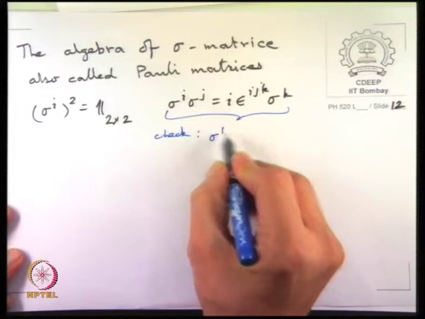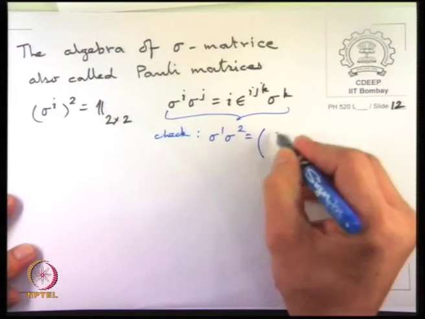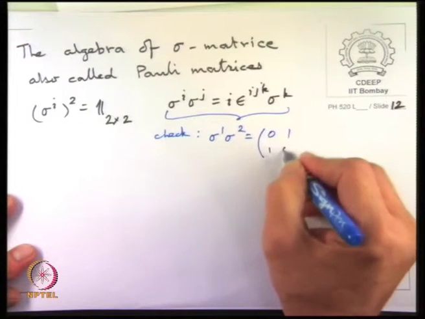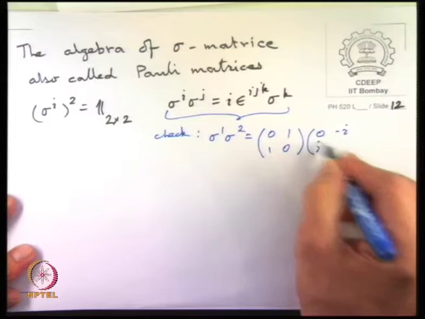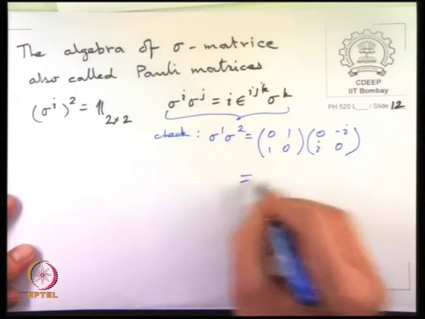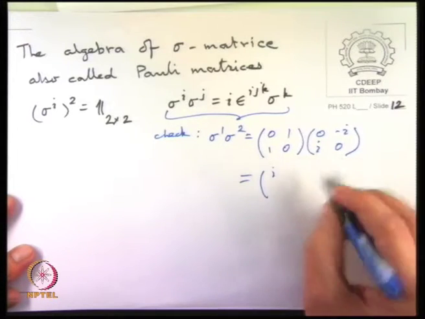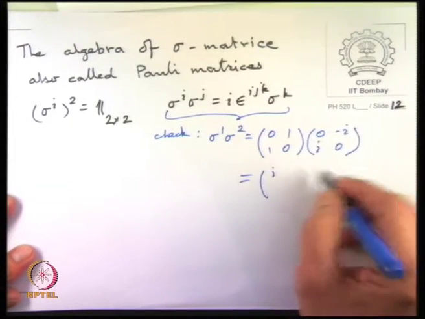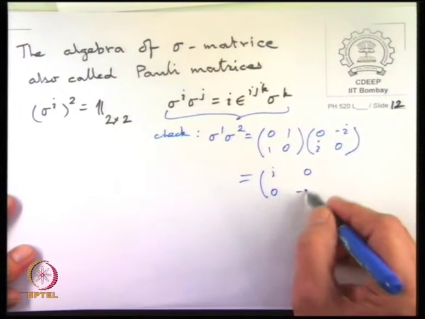If I take sigma 1 sigma 2, that is equal to 0 1 1 0 times 0 minus i i 0. So this becomes this row into this column i, this row into this column is 0, this into this is 0, this into this is minus i.